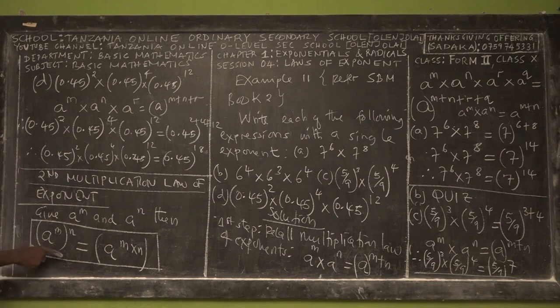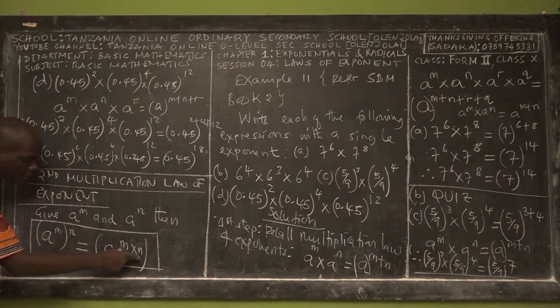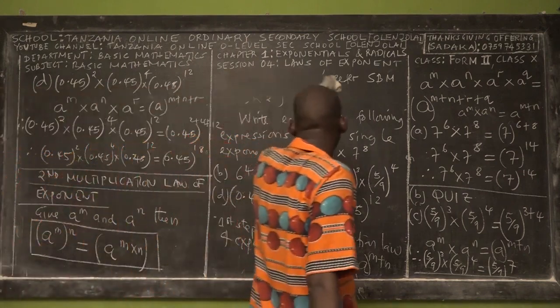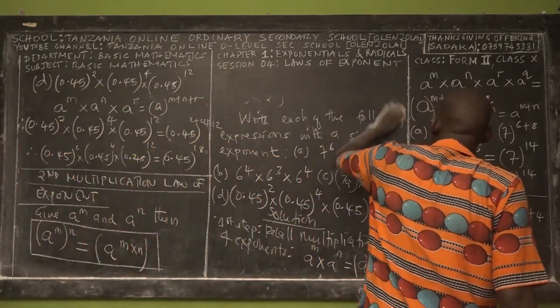In order to express this in a simplified form, we write the base the way it is, but we multiply the exponents. So when two exponents are separated by the bracket, it means these exponents are multiplied. Don't worry, I will give you an example, and you will understand.